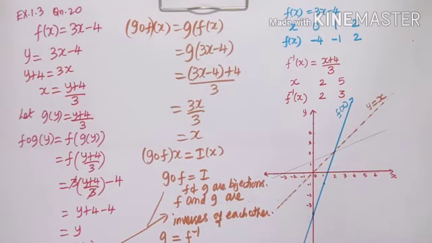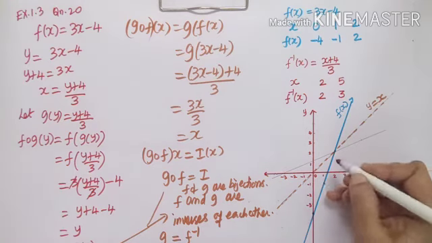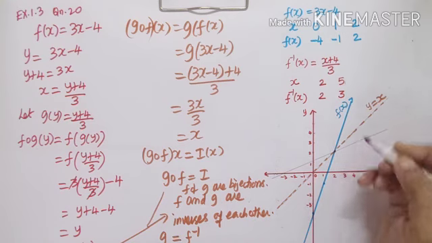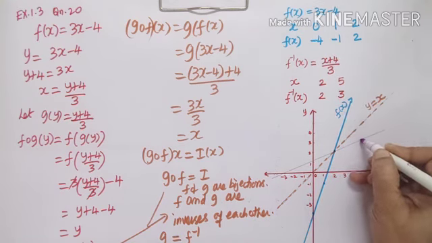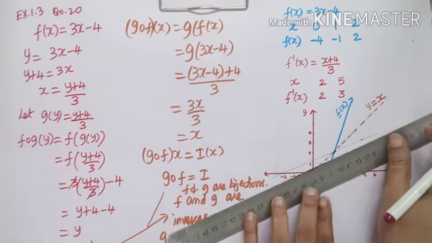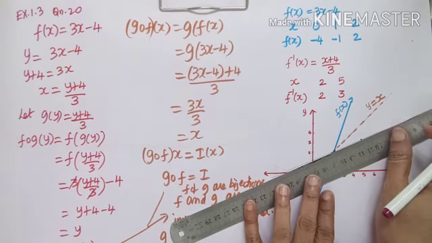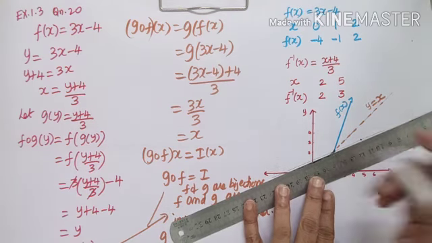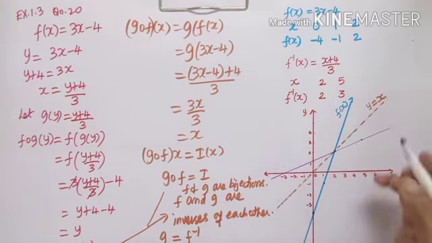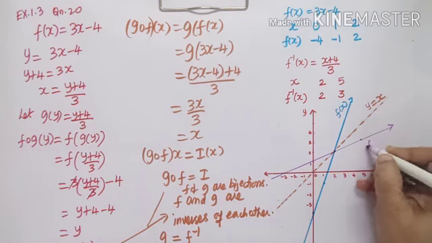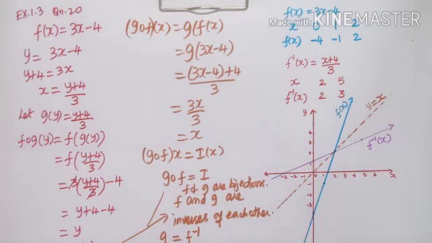Now coming to the second line, it is 2, 2. This is the point 2, 2. 5, 3, somewhere here. Join this. For drawing a line, minimum 2 points are enough. So we have drawn the second line. This is f inverse of x.